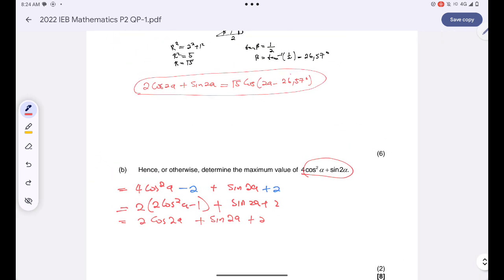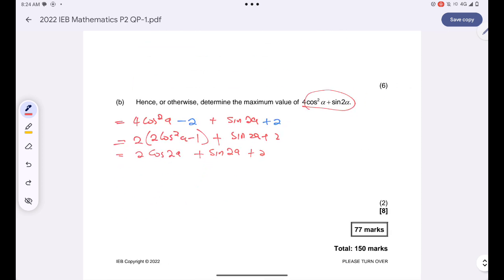But remember that 2 cos 2a plus sine 2a is equal to something. All together, it is equal to the square root of 5 multiplied by cos of 2a minus beta. But remember that I already have a plus 2 there. So I must just add it.